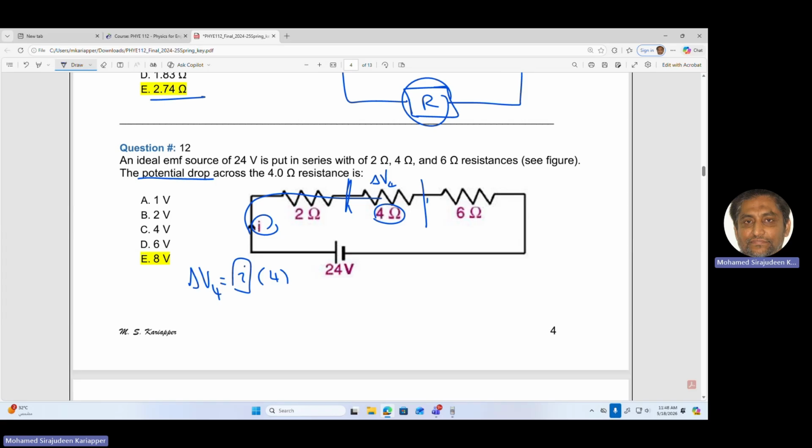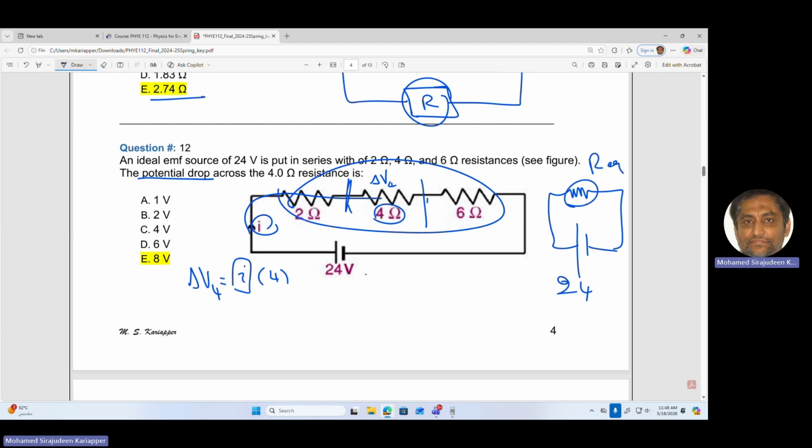That's easy. This is a very simple circuit. You can replace the whole thing by just one resistor. And if I know this equivalent resistor, then you can say the current is equal to 24 divided by that resistance. Can I find this equivalent resistance? Easy, right?